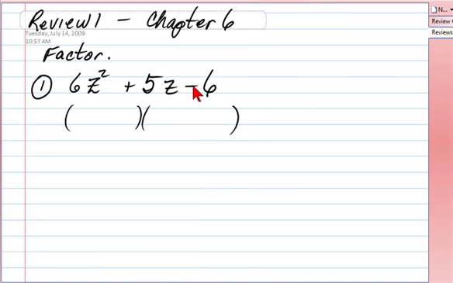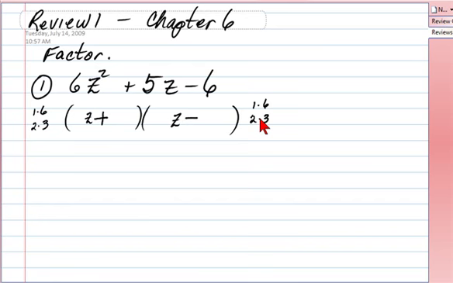The last sign is a minus, which means that I get 1 plus and 1 minus. Now, I know I'm going to need a z and a z, but to get the 6, it might be 1 times 6, and it might be 2 times 3. To get this 6 as a constant, it might be 1 times 6, and it might be 2 times 3. This is definitely a trial and error question.